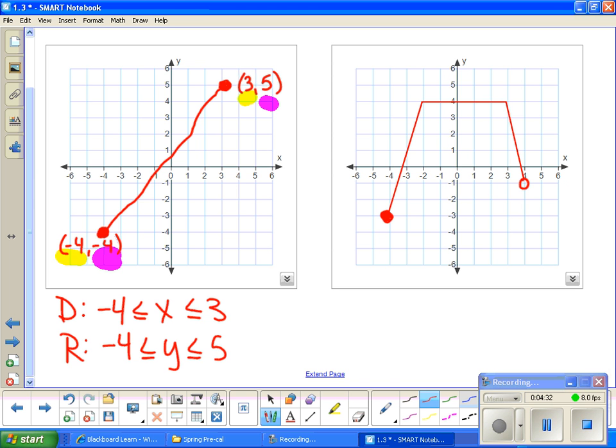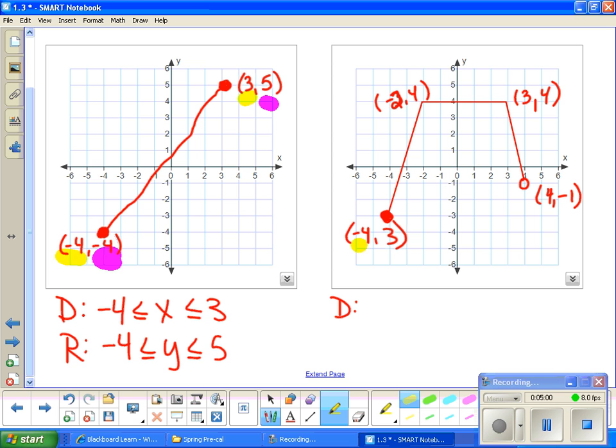This point, let's name it 3. This point 4, -1. This point is -3, 4, and this point is, oh wait, that's -2, 4, and this point is 3, 4. So my domain, again, I'm looking only at my x values.